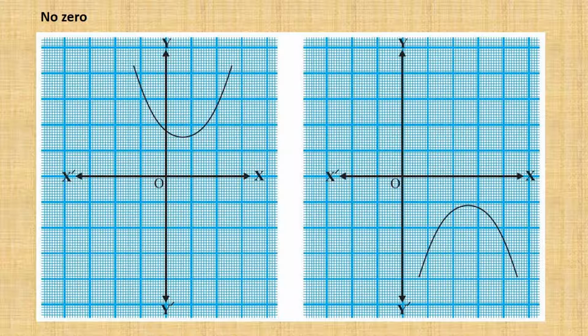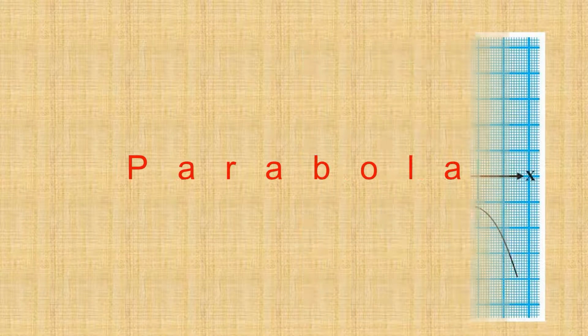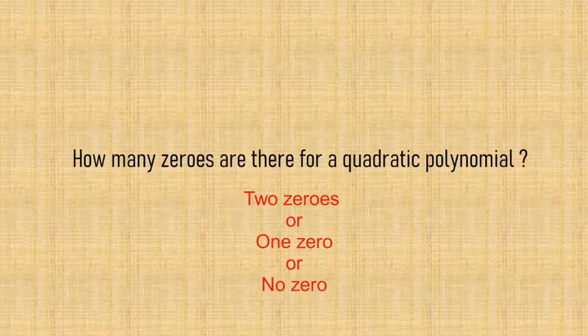So 3 situations are there, but in all situations the graphs are parabolas. It depends on the position of the peak of the graph; there are 3 cases, and the number of zeros can change.